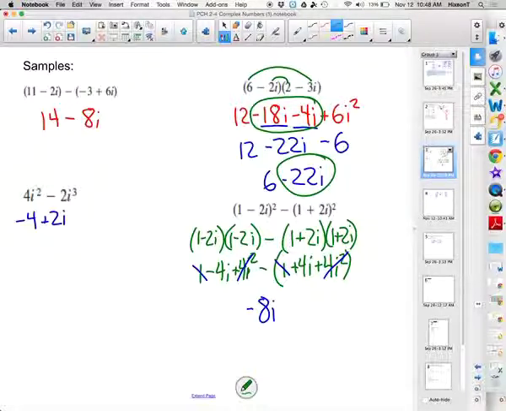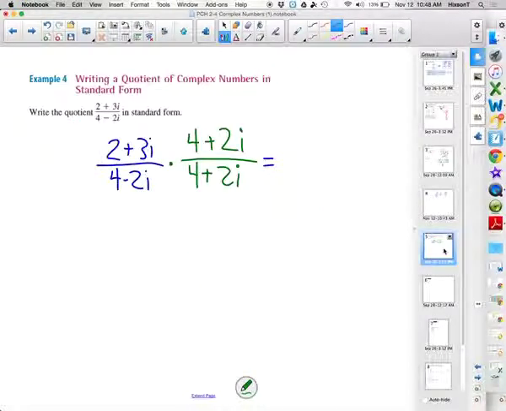So if we can get these to be opposites to cancel out, then we'll just have a real number in our solution. So that's why we use the conjugate, because we have 16, it'll be a plus 8i minus 8i minus 4i squared.